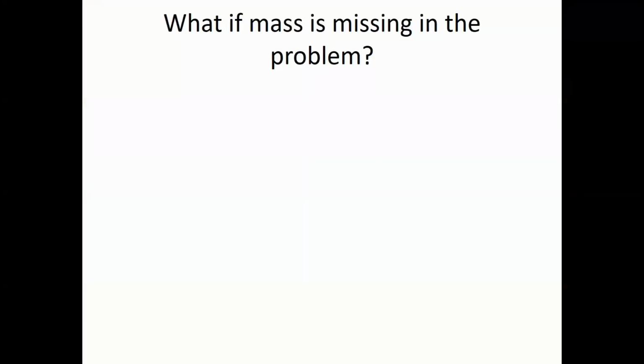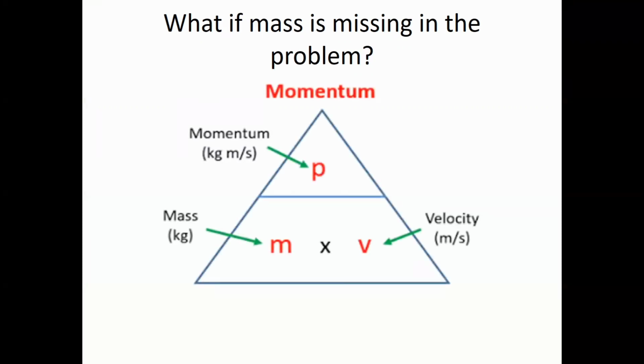But what if mass is missing in the problem? Using the triangle formula, we can put the momentum on top, while mass and velocity at the lower part, meaning we are going to multiply the mass and velocity. We are going to get the mass and velocity in getting the momentum.